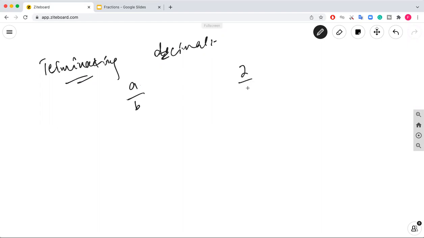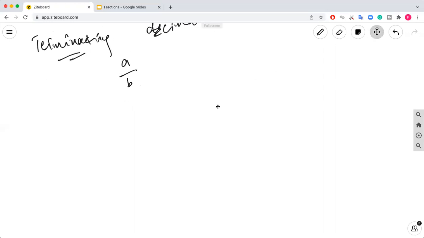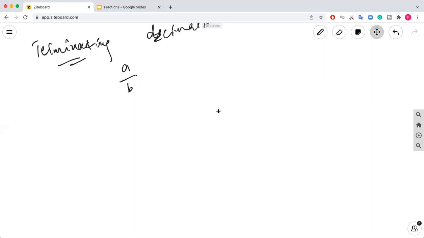For example, you have 2 by 20. You cannot say anything unless you first reduce it to 1 by 10. Now you can say whether that is recurring or terminating, right? So the first thing is you have to reduce the fraction into its least form.